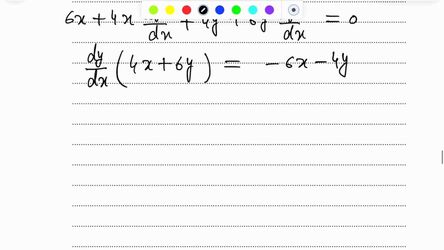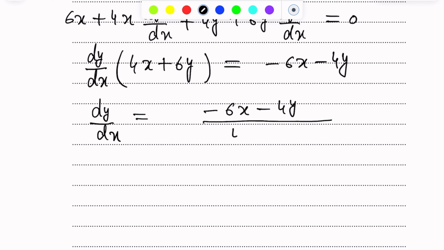Now from here we can find dy over dx. This factor will move to the right in the denominator. So minus 6x minus 4y divided by 4x plus 6y.